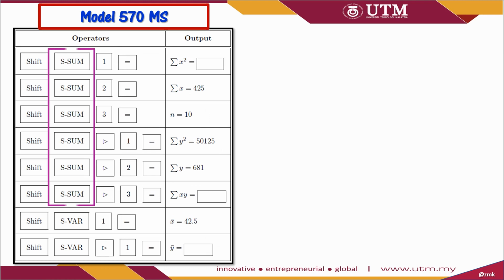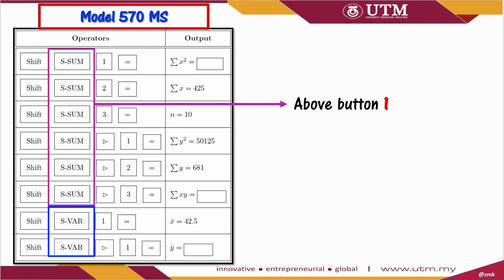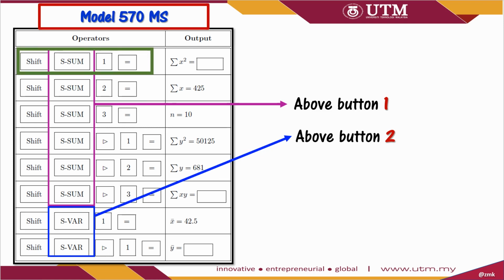The S-sum here is above button number 1, whereas S-var here is above button number 2. Therefore, to get the sum of x squared, say, you can press the shift button followed by S-sum and then press button 1 and button equal.